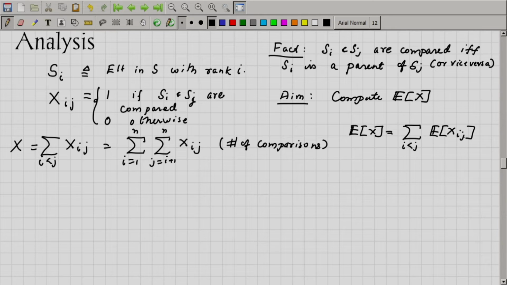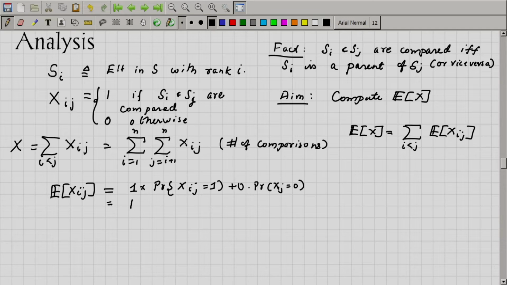Okay, and xij being an indicator random variable, its expectation is just the probability of the event it indicates. So, expectation of xij is equal to 1 times the probability that xij is equal to 1, plus 0 times the probability that xij is equal to 0.